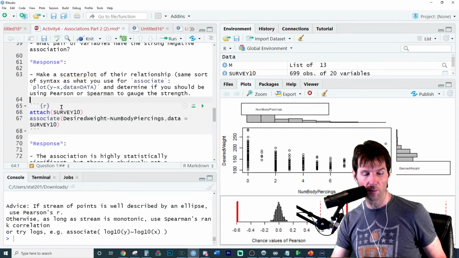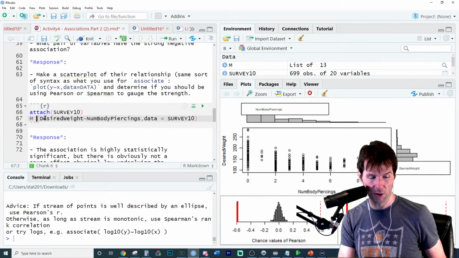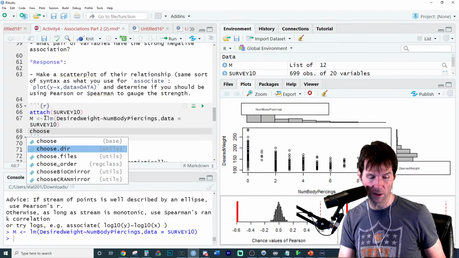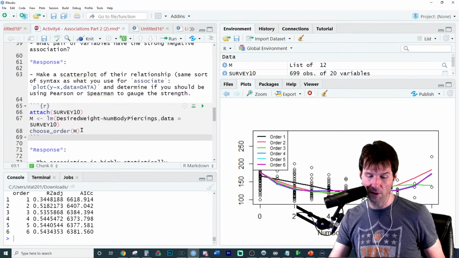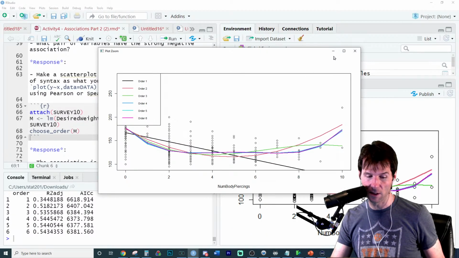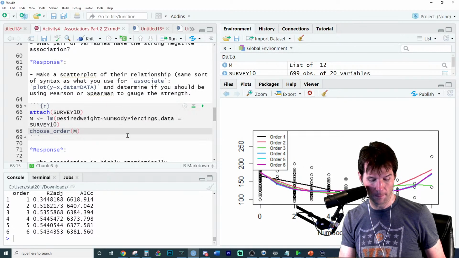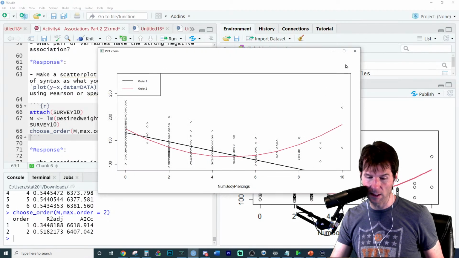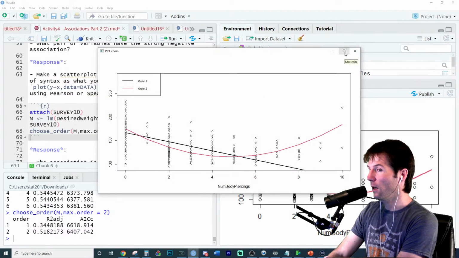And one thing I do want to point out is we could actually take a look at the lack of linearity, which you're not meant to know yet, but we can see if there's non-linearity to this. Let me go to max order equals 2, and you can really see that there is a non-linear pull to this.